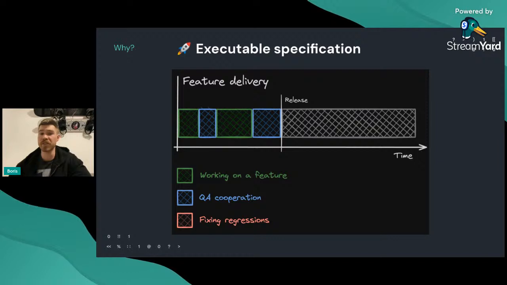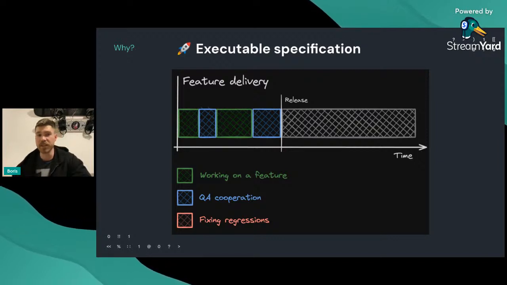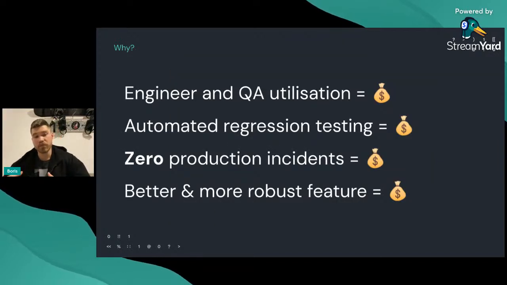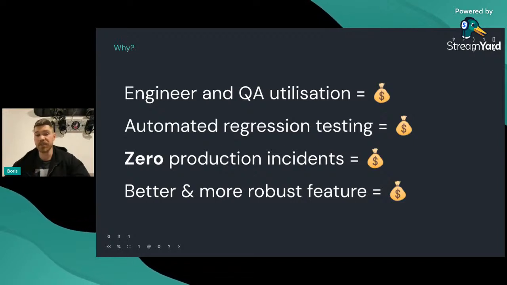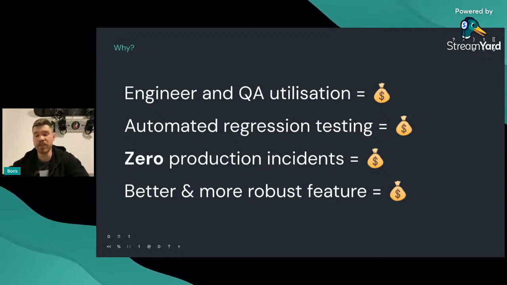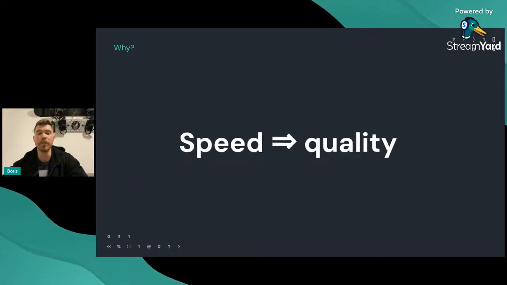And once the feature is in production, all is fine. We tested it and we can move on to other things. This way, engineer and QA time is fully utilized. It's efficient. We have automated regression testing and zero production incidents. And in the process, we build a better and more robust feature.